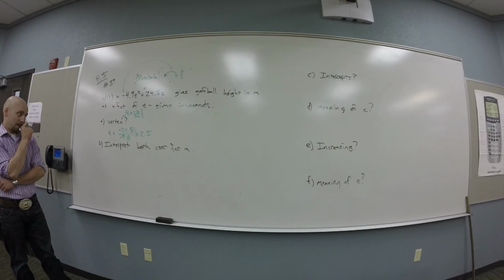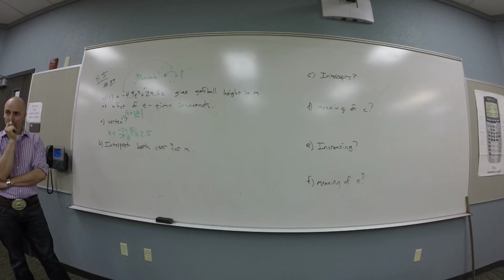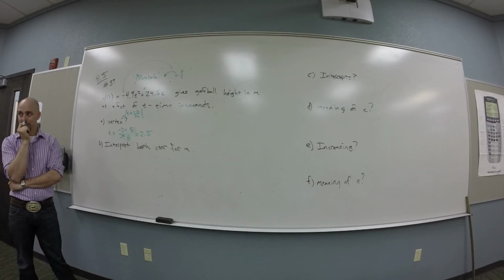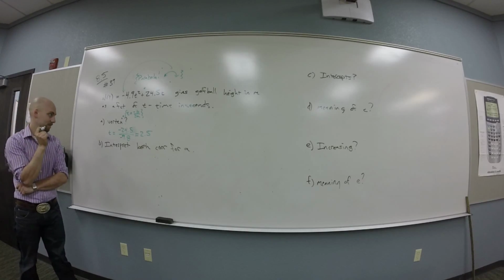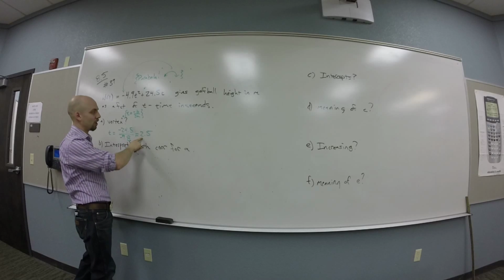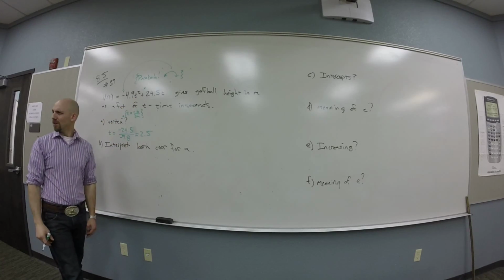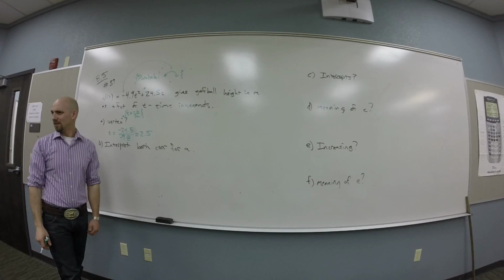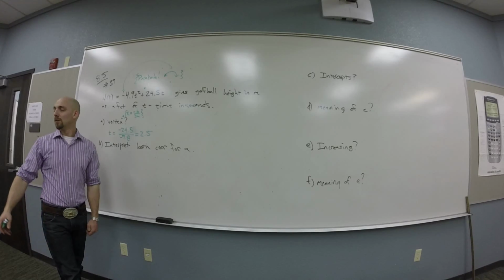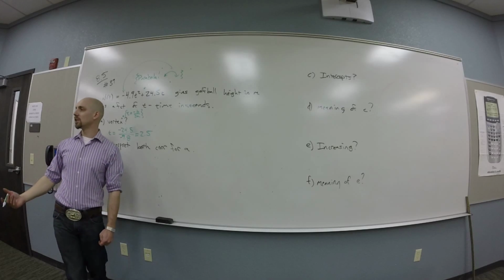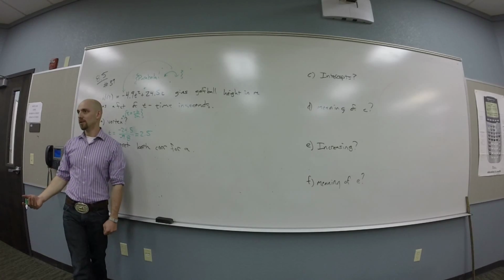Okay, now what? 2.5 has to go in for t. Why are you putting 2.5 in for t? Yeah, the vertex is going to be a point on the graph, right?